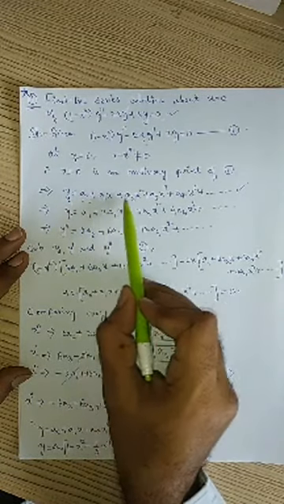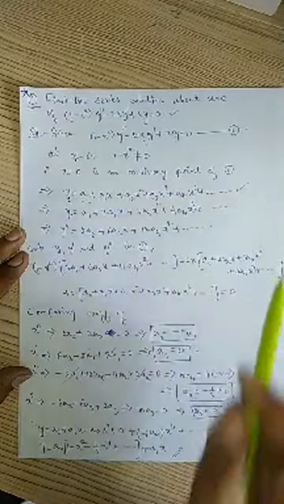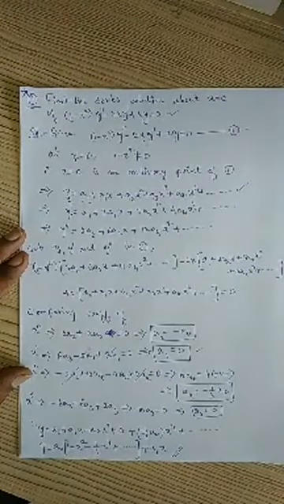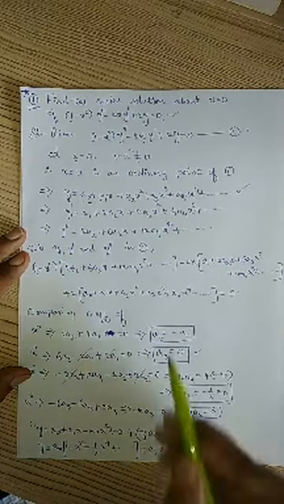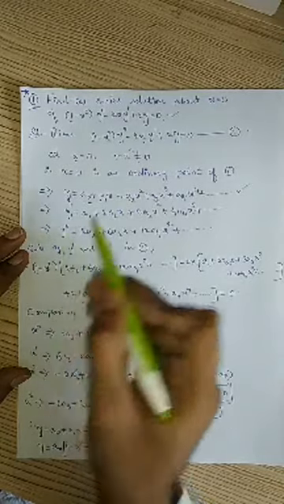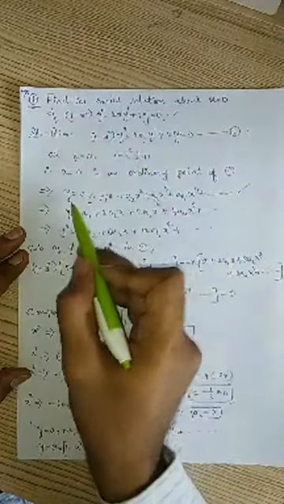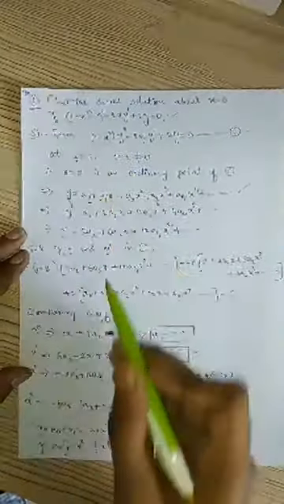So now we have to obtain what is a2, what is a3, what is a4, and so on. For obtaining those, we have to find y dash and y double dash and substitute in this.